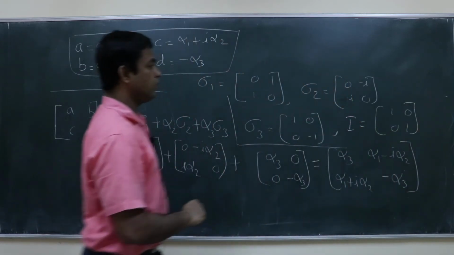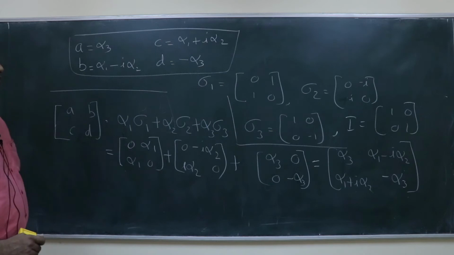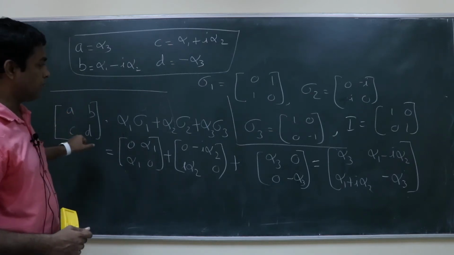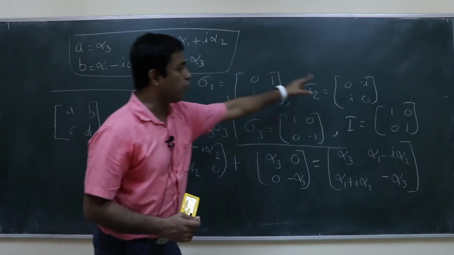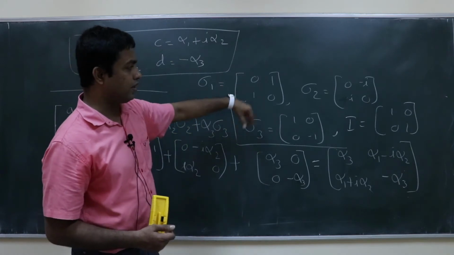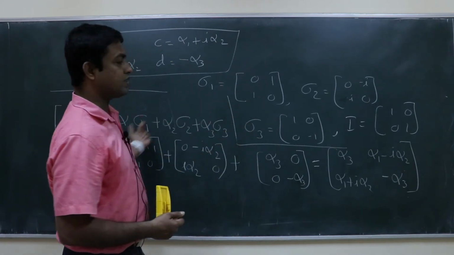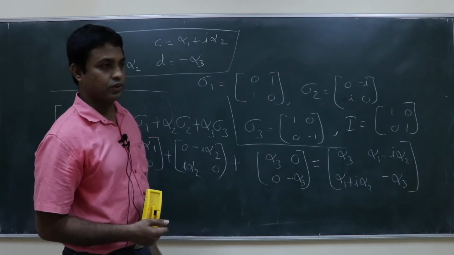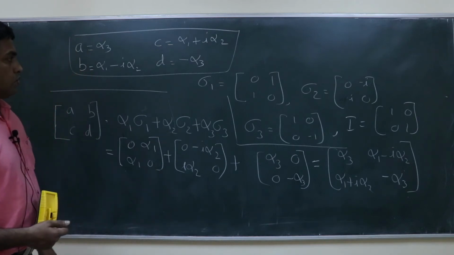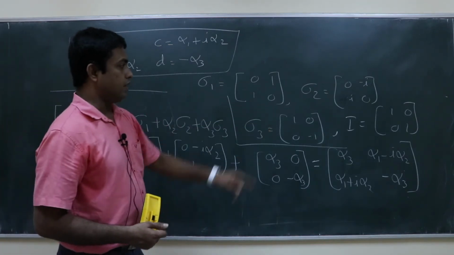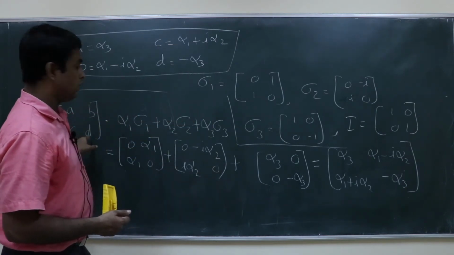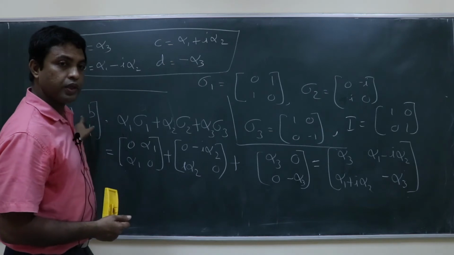If I include the identity matrix, then I can write any 2 by 2 matrix in terms of these 4 matrices. Any 2 by 2 matrix I will be able to write in those terms, that is not at all an issue. So sigma 1, sigma 2, sigma 3 and I form a basis for any general 2 by 2 complex matrix.